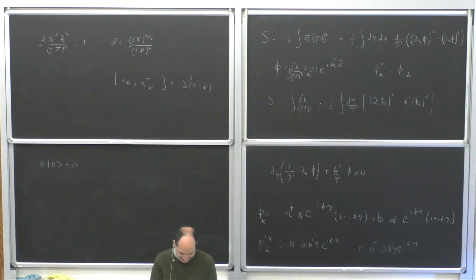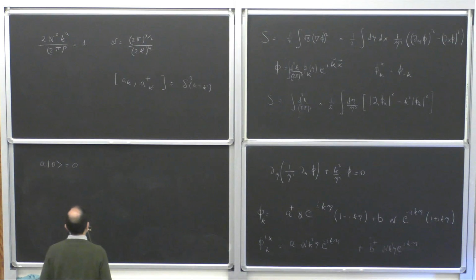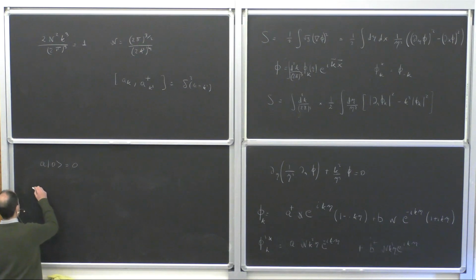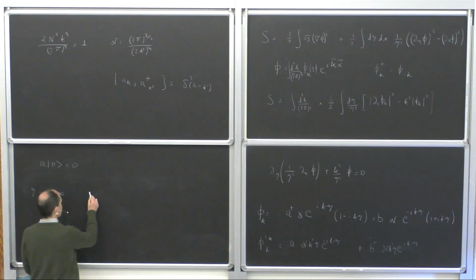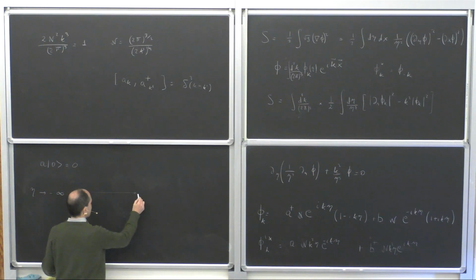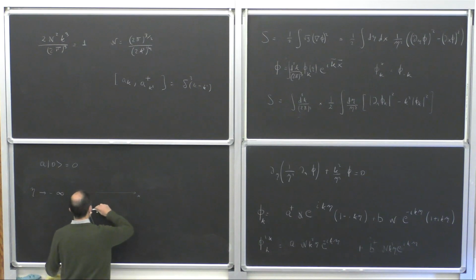However, in this case, there is some principle that we can follow. So let's consider what happens when eta goes to minus infinity. That is the far past. So we have de Sitter space, with x and eta.